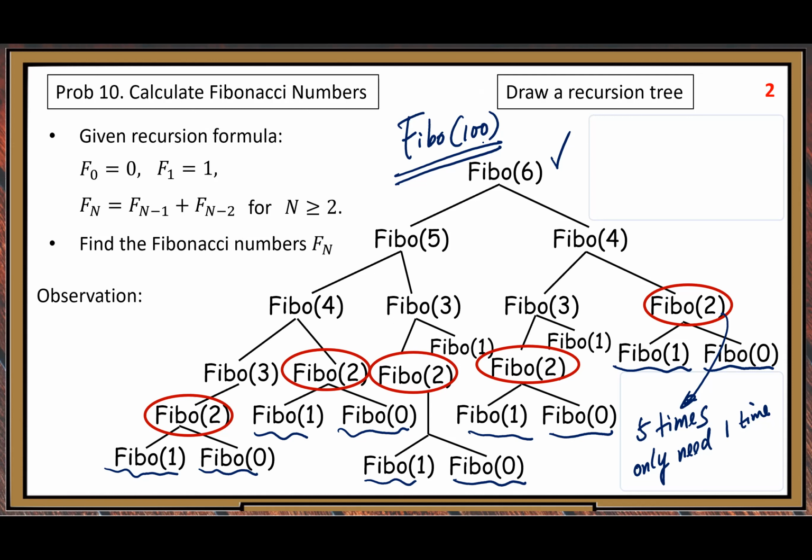Nobody can draw this full tree, right? And imagine how many times you need to calculate some smaller Fibonacci numbers in this recursion tree, a large number, right? That's the reason this implementation is extremely slow.